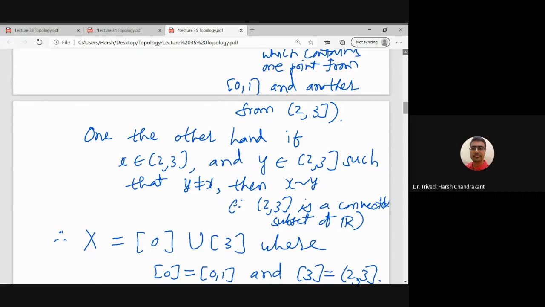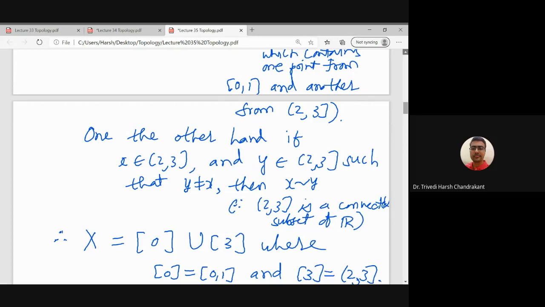So if I have two points x and y which are related, that means x and y belong to a connected subset of X, and that set is entirely contained in either U1 or U2. So x and y will both be contained in U1 or both be contained in U2 if they are related.